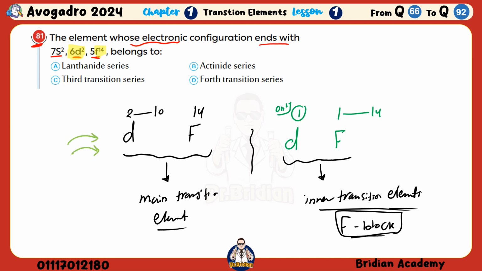So this element belongs to main transition elements, especially because it's 6D, in the 4th transition series. If it was 5D, it would belong to the 3rd, but in our question it's 6D2 and it belongs to the 4th transition series, in letter D.